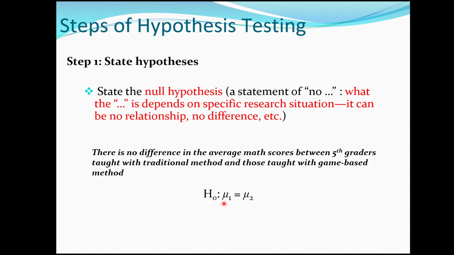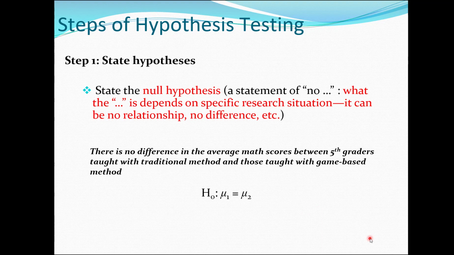What is mu1? Mu1 represents the population mean for your population 1, that is the 5th graders taught with traditional method. Mu2 is the mean for your population 2, which is the 5th graders taught with game-based method.